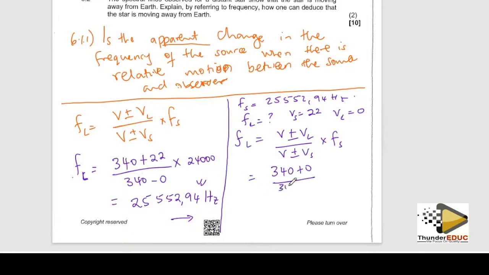And then that's going to be 340 minus 22 times 2552.94. So 340 over 318 times 2552.94.